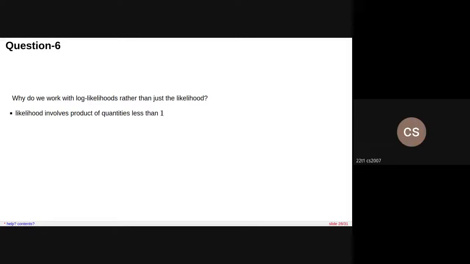Okay, so that is one reason which the professor mentioned: log is monotonically increasing, so it doesn't disturb the position of the maximum. But that is only one reason. We should also look at two other reasons, from the computational point of view. We are taking the product of many quantities which are all fractions, and it will cause what is called an underflow.